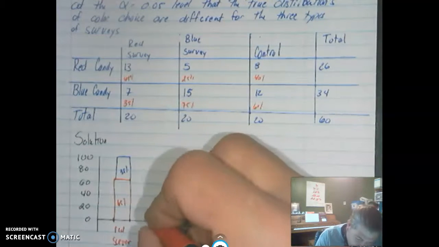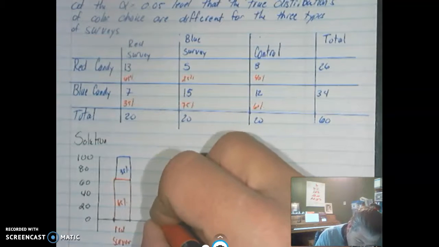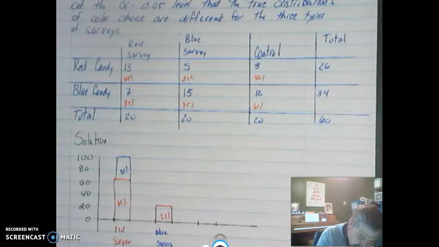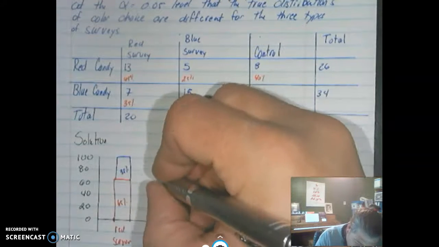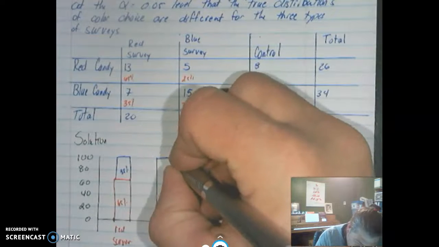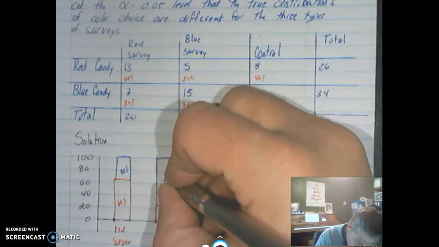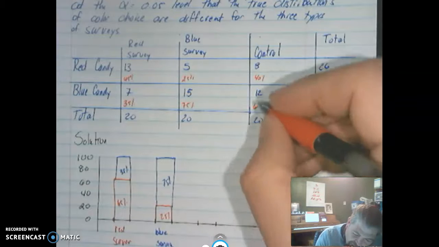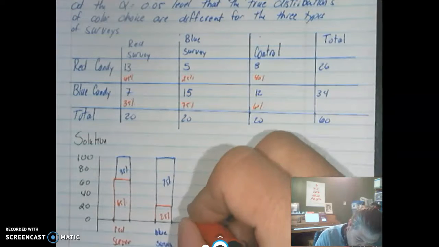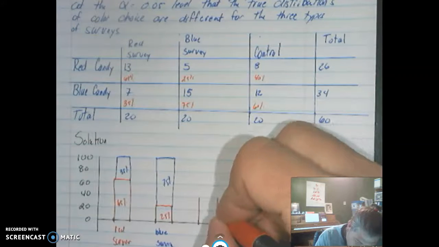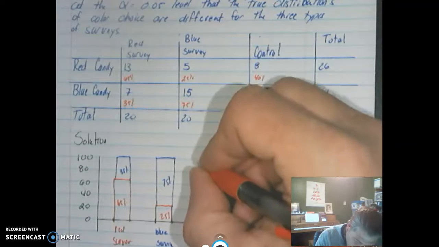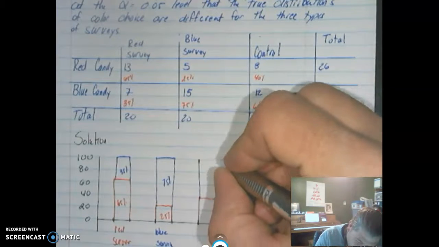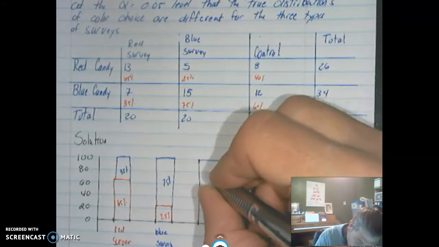All right. So the red is only about 25%, and then the blue covers the rest of it like that. The control, the red was 40. About screwed up. And then the blue is 60.